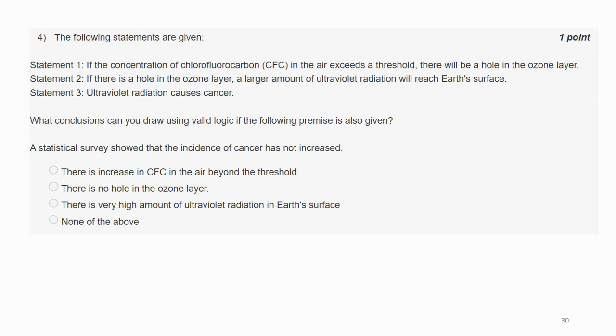The incidence of cancer has not increased, so cancer is now not B. So if not B, then not A. The options: there is an increase in the CFC in the air beyond the threshold; there is no hole in the ozone layer; there is a very high amount of UV radiation on the Earth's surface; or none of the above. So what will happen if not B? Then not A. Can anyone say what the answer will be with logic?